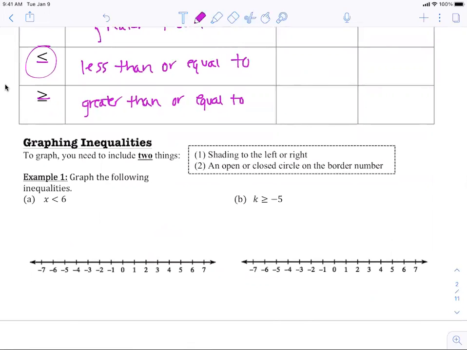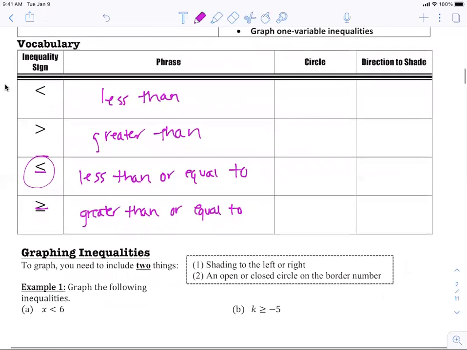Because x can't be equal to 6, technically 6 isn't considered a solution. It's just the fence line. Everything up until that value makes this inequality true, but we need a way of representing that on a graph, and we do that using circles. On a graph, if it's a less than or greater than sign, we give it what's called an open circle.